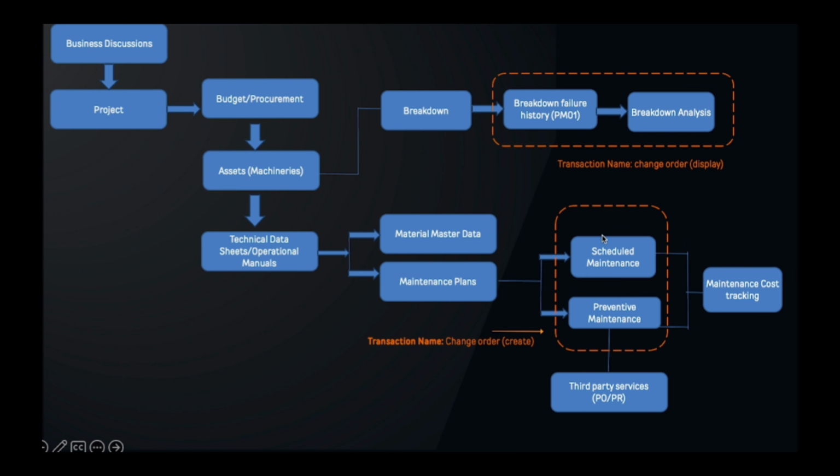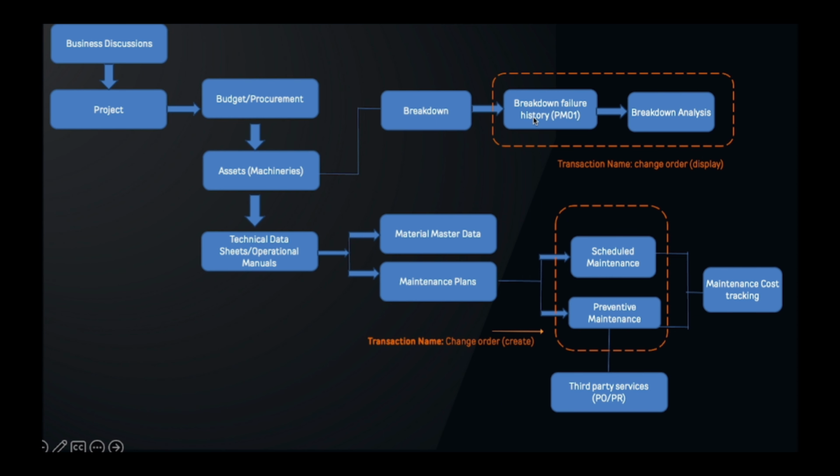In situations where we have breakdowns, which of course we do not want to have, we are able to have a breakdown history. With SAP PM, I can have a breakdown data history of all of the PM01s created on the system.